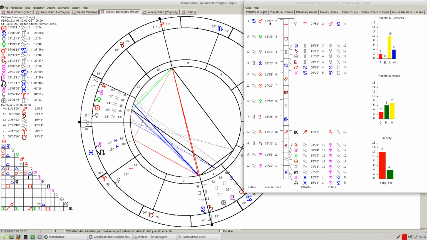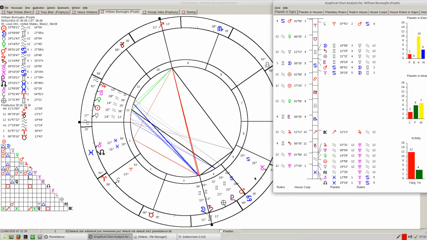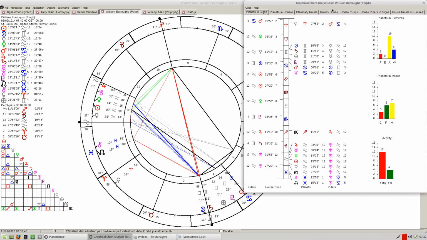The cusp degrees and minutes here, the ruler, so the ruler of the 2nd house is Mars, and it's in Cancer in the 4th house. You can confirm that by looking at the natal chart. Mars is the ruler of the 2nd house, it's in Cancer in the 4th house, very close to the 5th house cusp in fact.